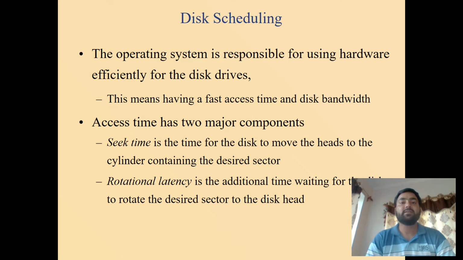That means it leads to fast access time and fast disk bandwidth if the operating system utilizes the hardware efficiently for the input output operation to be performed. And as we have discussed, access time has two major components: seek time and rotational latency, that we have discussed earlier.